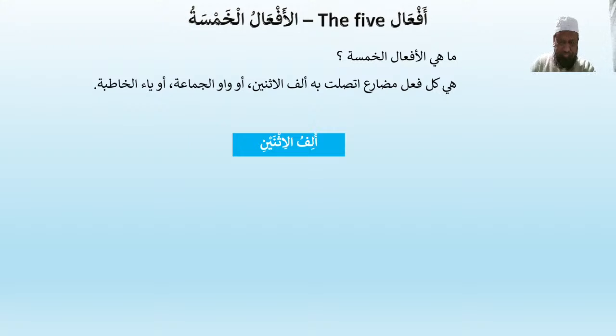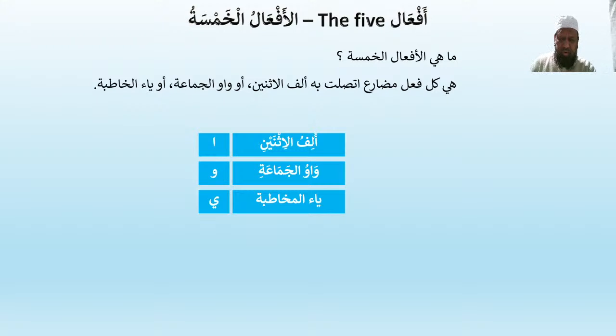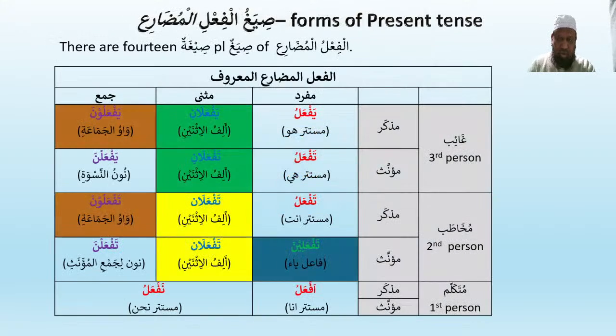These are the three things: ألف الاثنين, واو الجماعة, and ياء المخاطبة. We have a chart here, so let's see which sighas have ألف الاثنين attached. So here يفعلان, تفعلان, تفعلان, تفعلان. All these will be from الأفعال الخمسة.